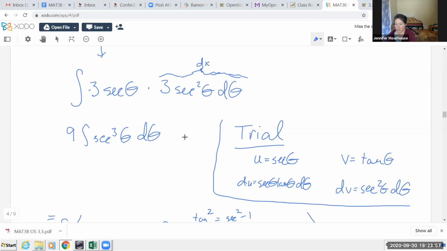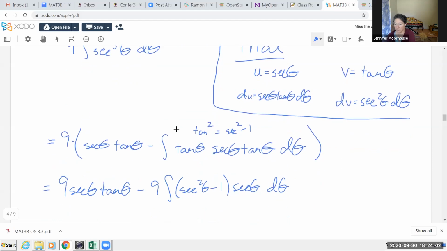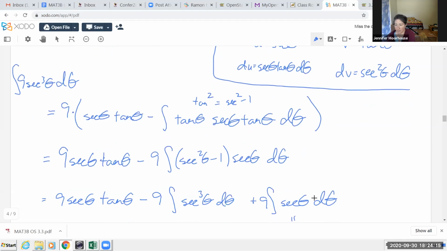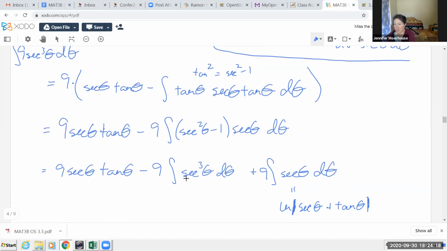On the left side, we've got this 9 times secant cubed integral, and that is equal to all of this mess. If we bring all of the integrals of secant cubed together on one side, we can solve for that. That's an ugly mess.